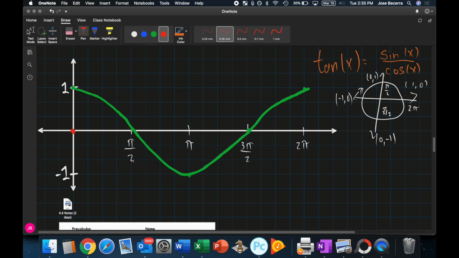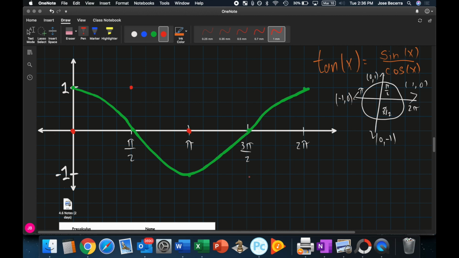So going back to graphing, right? Sine, which is my y value when I'm looking at the coordinates on the unit circle, at 0 is 0. At pi over 2 is what, ladies and gentlemen? 1. So at pi over 2, sine is going to be 1. At pi, what is my sine going to be? 0.